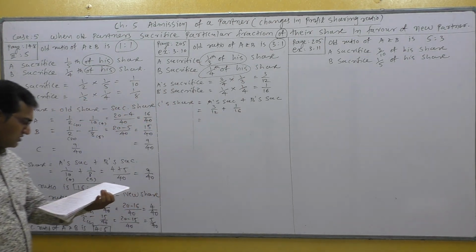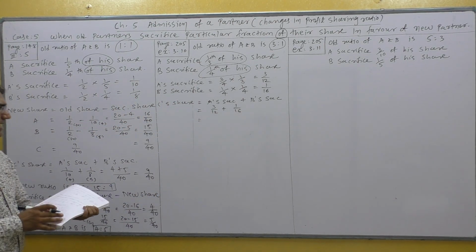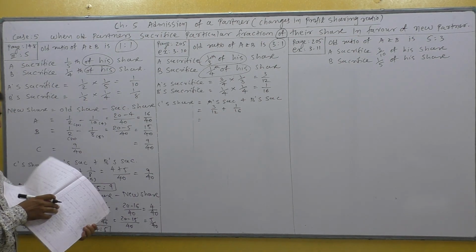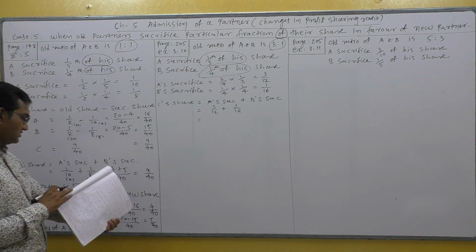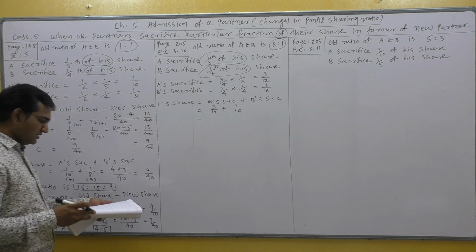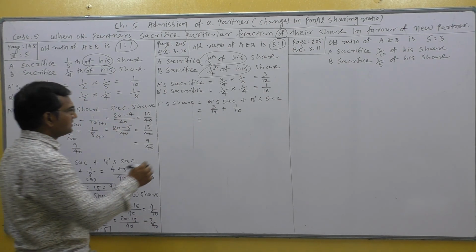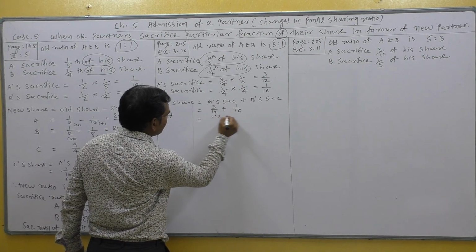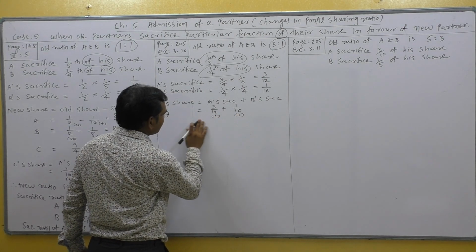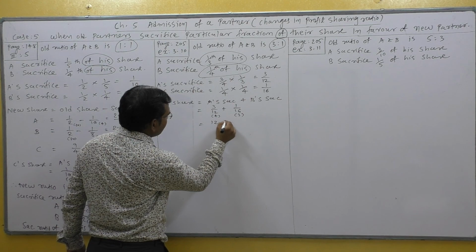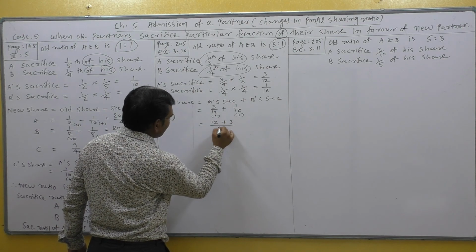And now important point, LCM. LCM is 48, right? 48 LCM. So here 4 and here 3. So 12 plus 3 divided by 48.